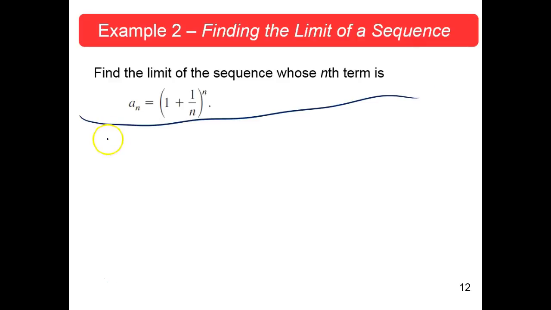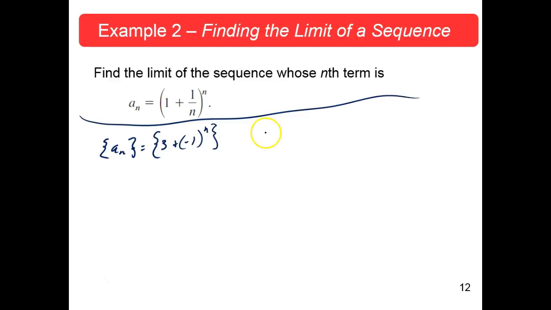Here's a sequence: 3 plus negative 1 raised to the nth power. We saw something very similar to this. In fact, this is the first one we did, wasn't it? It is the same one.